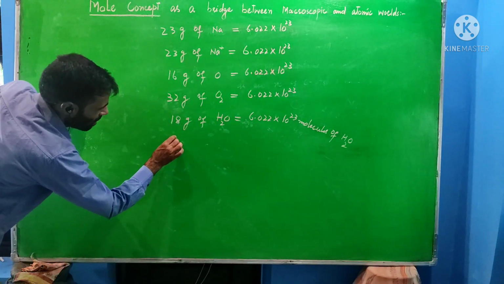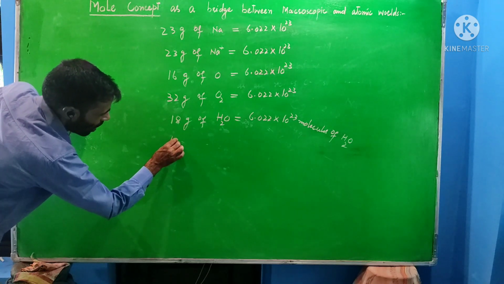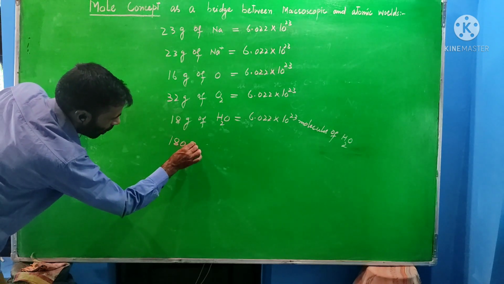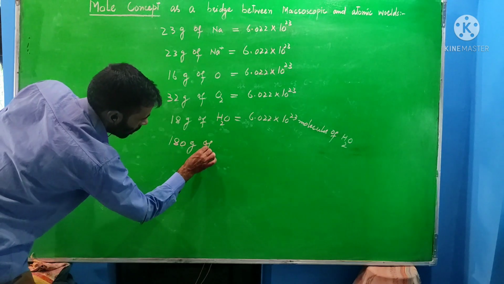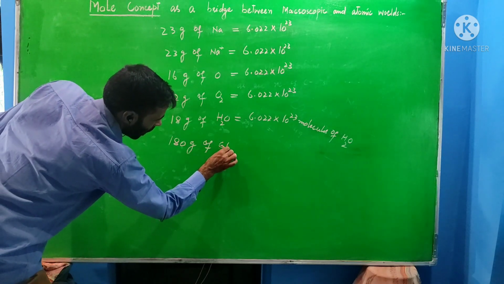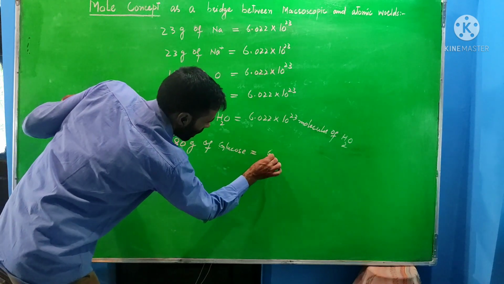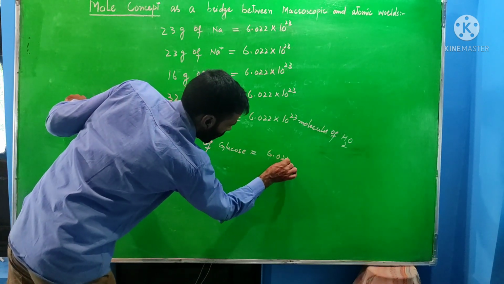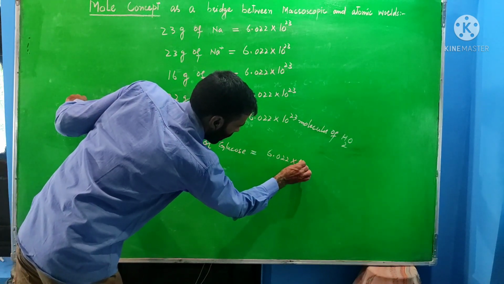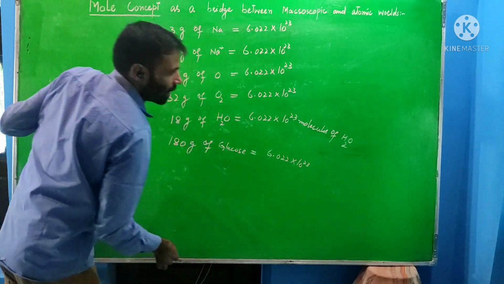Similarly, in case of this substance, if we take 180 gram of glucose, then that contains 6.022 into 10 raised to power 23 glucose molecules.